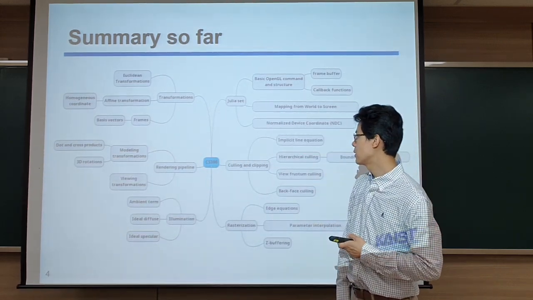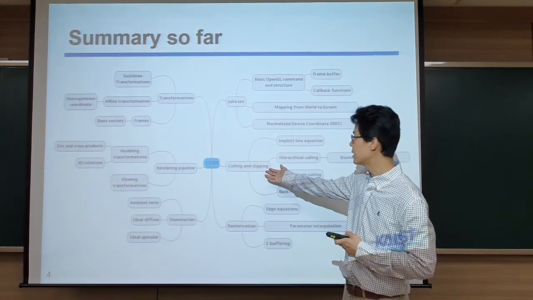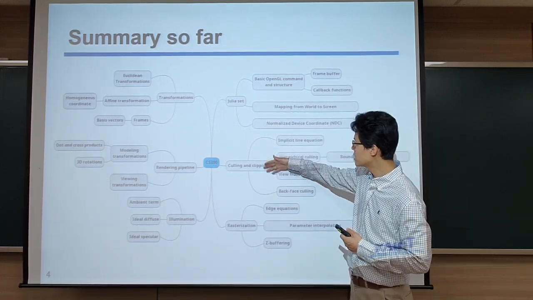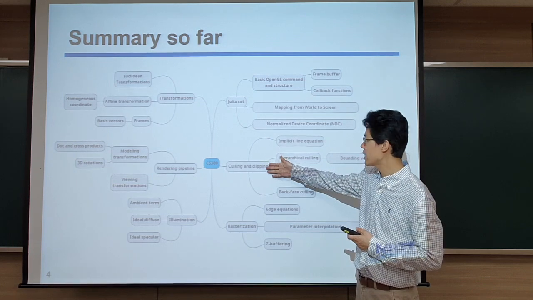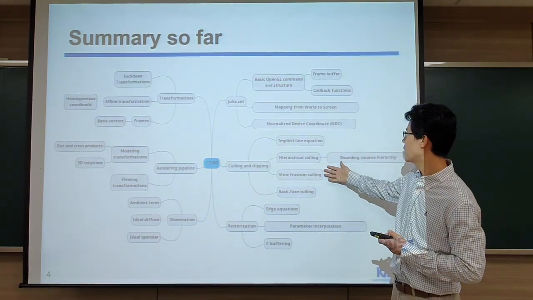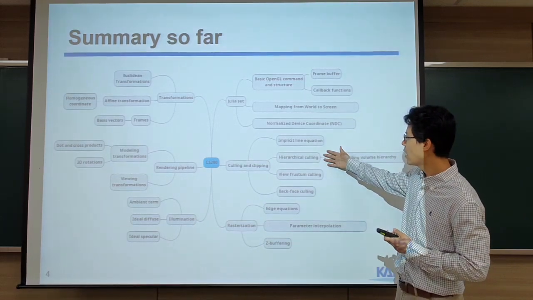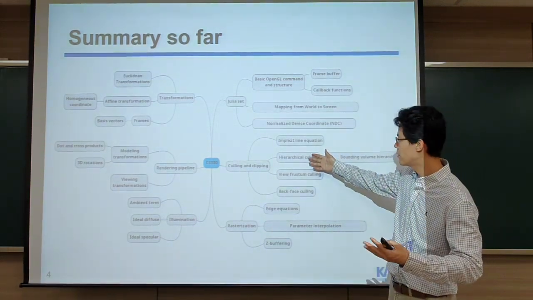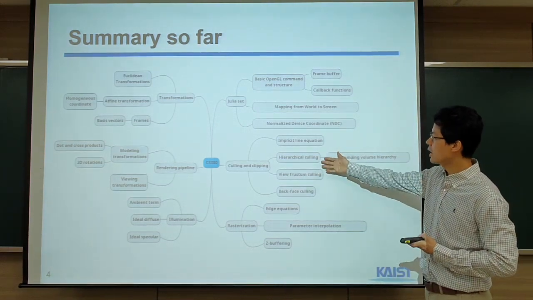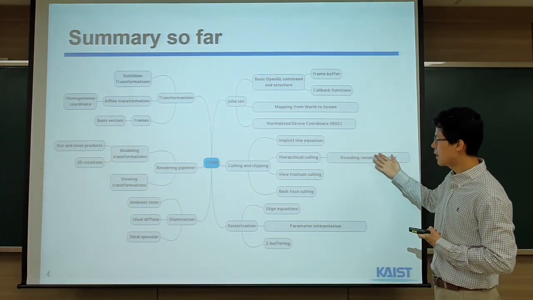We also talked about culling and clipping operations. We talked about implicit line equations, and the hierarchical culling to efficiently perform these culling operations. Along this, we talked about bounding volume hierarchy.